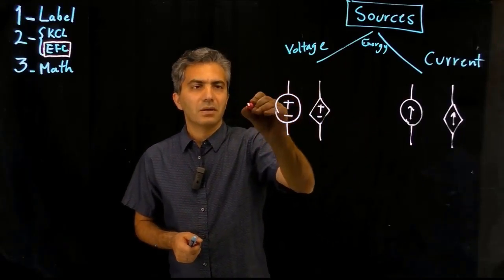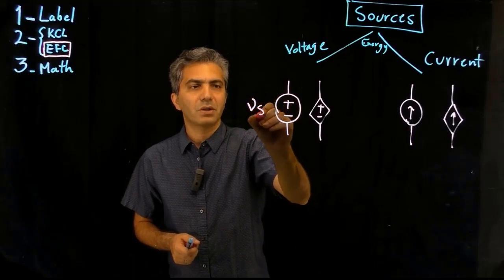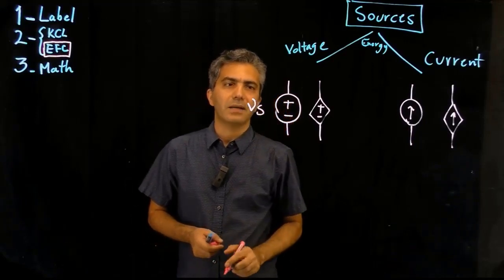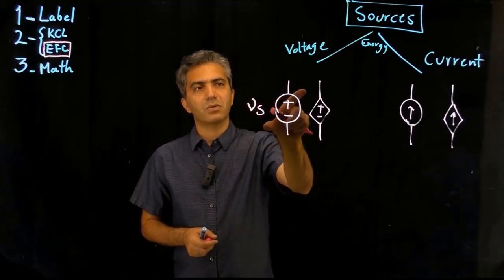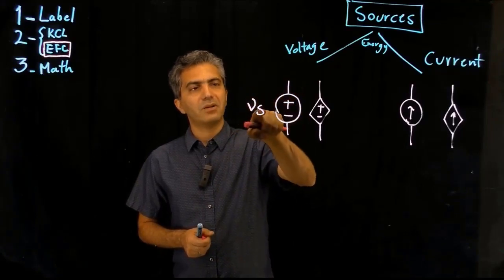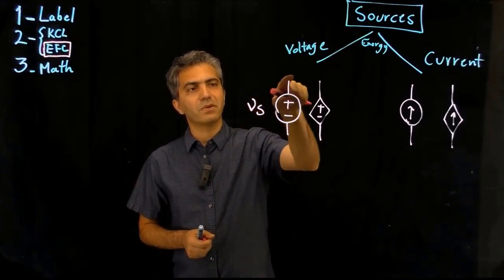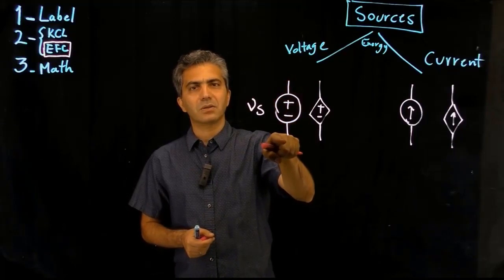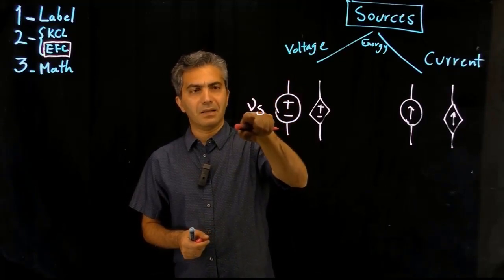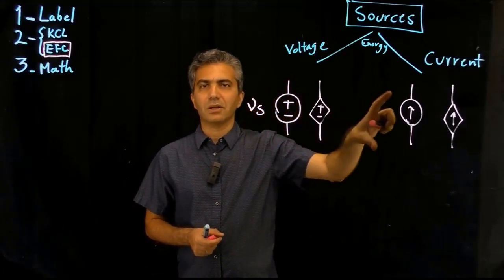There is a voltage, we're going to call it Vs, that is assigned to this source, and this value tells you what the potential difference between the positive and negative terminal of this component is, and that is not a function of anything in the circuit.